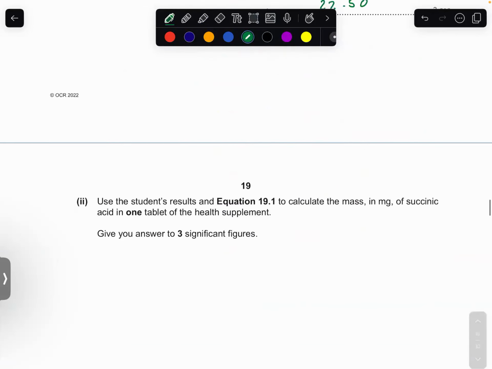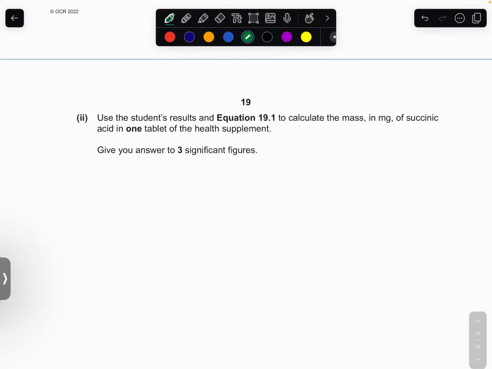Moving on. Use the student's results and equation 19.1 to calculate the mass in milligrams of succinic acid in one tablet.